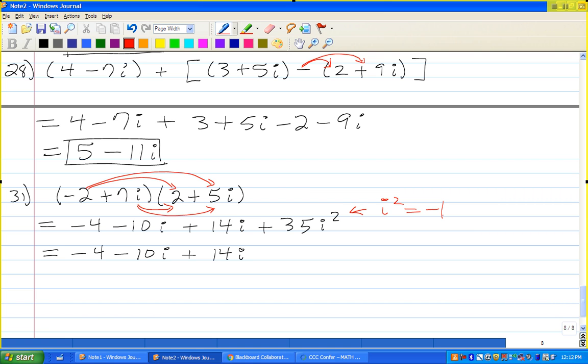And so I'll replace i squared here by negative 1. So I get a negative 1 times 35, minus 35. And now let me combine like terms. So I get a negative 4 minus 35, negative 39. Negative 10i plus 14i is a positive 4i. And that is your answer.